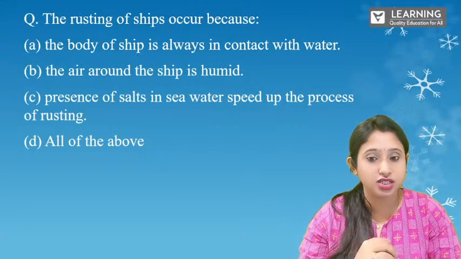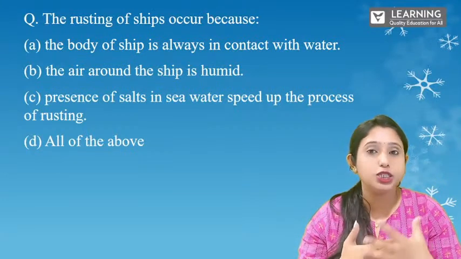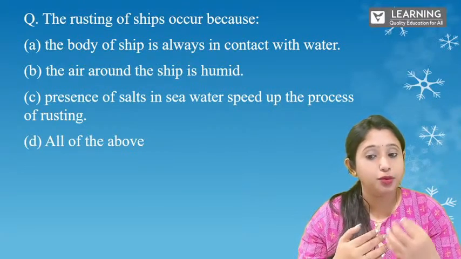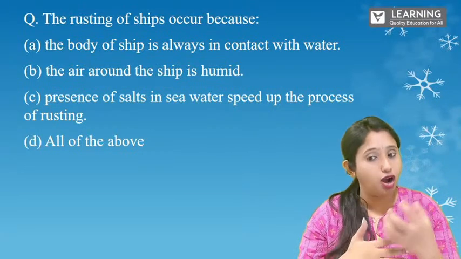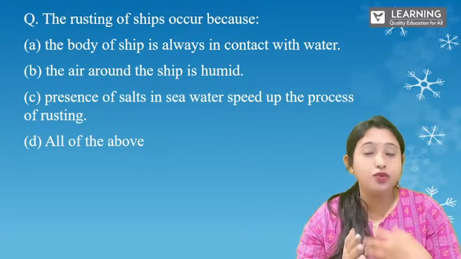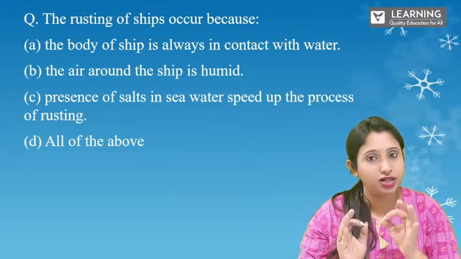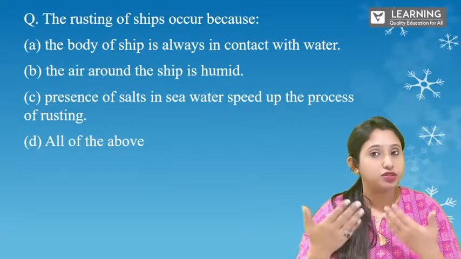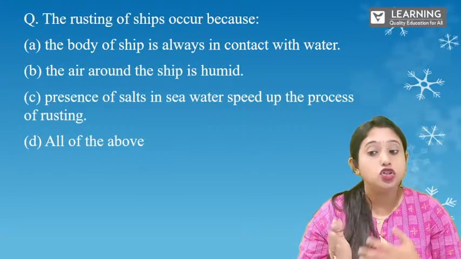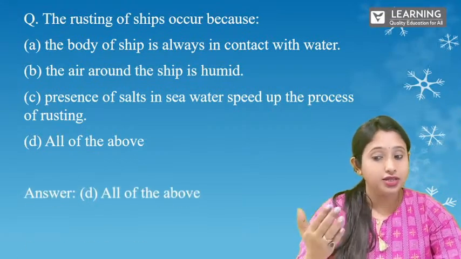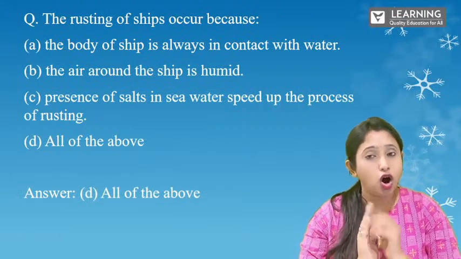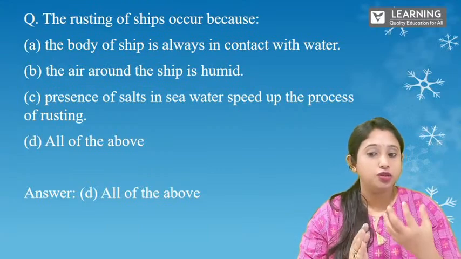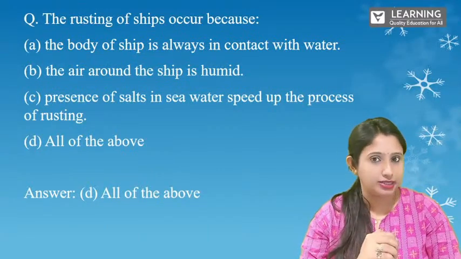The salts are present in the seawater, so they speed up the process of rusting. Clear? So the answer is all of the above. All the options are correct. So the rusting of ships occurs because of all these things. Is that clear?